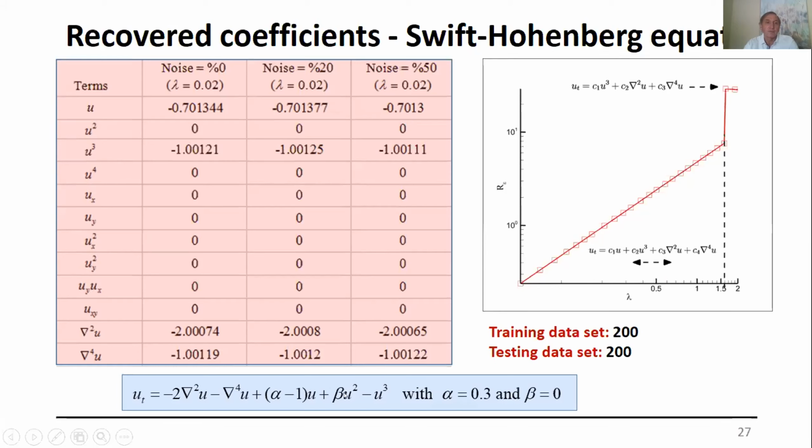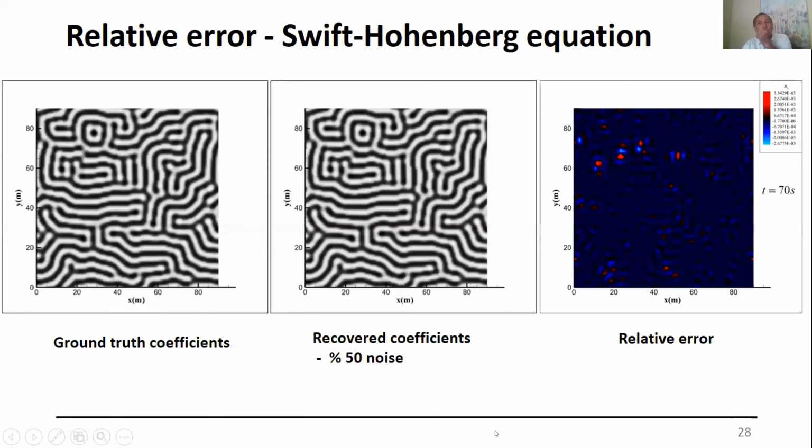For example, the U square that you have here is 0 as expected. And here I'm showing you the relative error. Again, the accuracy is 10 to the minus 3 or 10 to the minus 4, depending on where you're at. But overall, it's 10 to the minus 3, so it's fairly good.